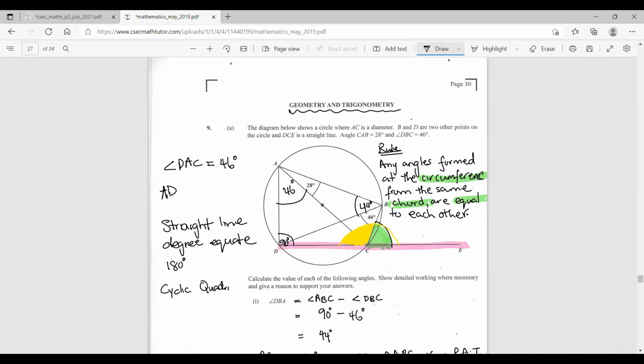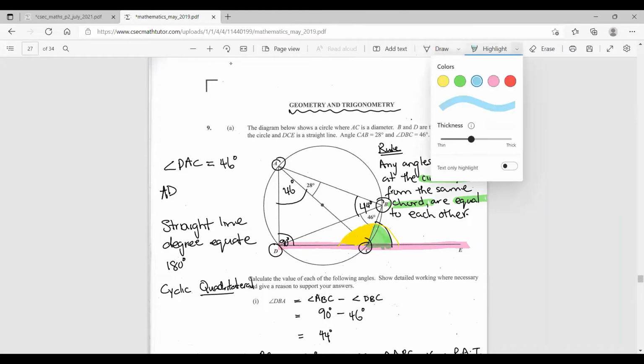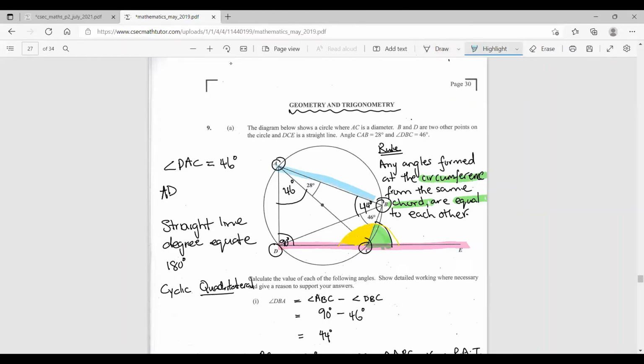So we know a quadrilateral is a shape that has 4 sides, right? Quad. So anytime you have a quadrilateral in a circle, it becomes a cyclic quadrilateral when all 4 points touch the circumference of the circle. So we see this shape here is a quadrilateral. 1, 2, 3, 4.